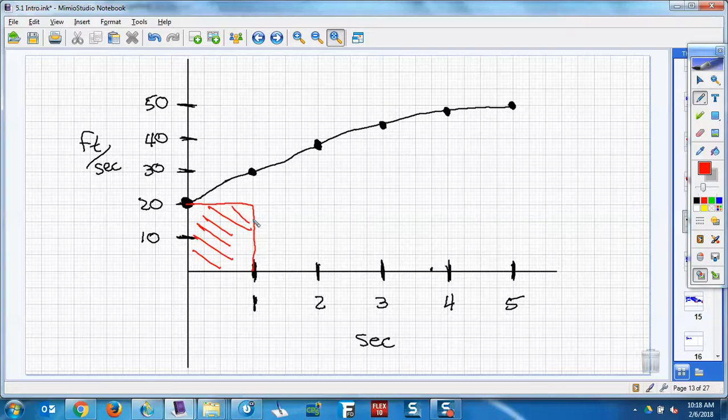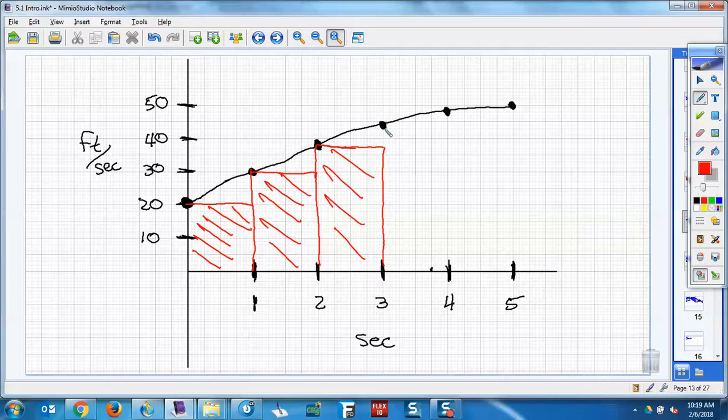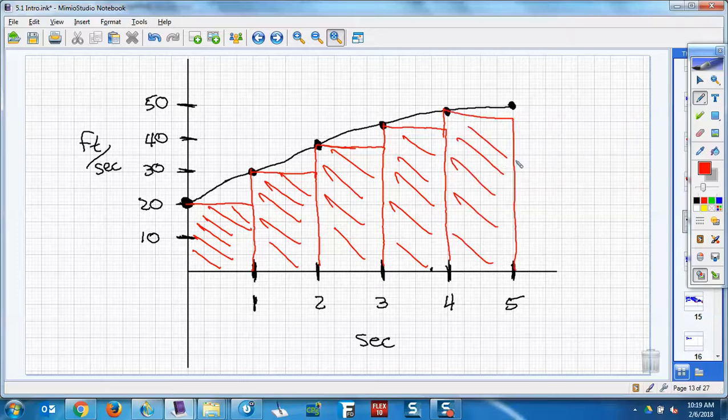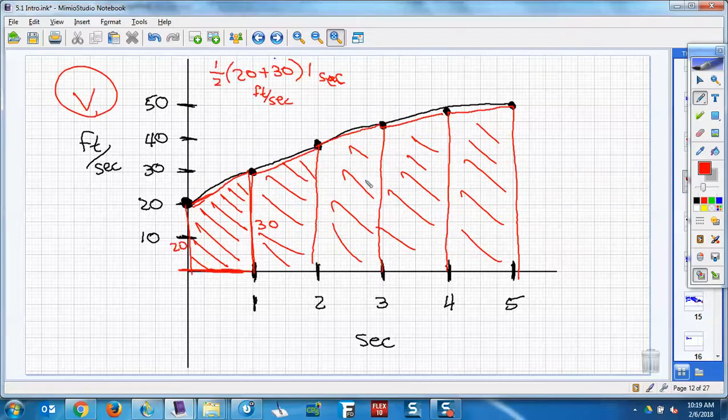Wouldn't that be a rectangle then? 20 times 1, 20 feet per second times 1 second. And then assumed we went 30 the whole next second. And then assumed we went 38 the whole next second. And then assumed we went 44 the whole next second, and then 48 the whole last second, and we didn't even use the 50.